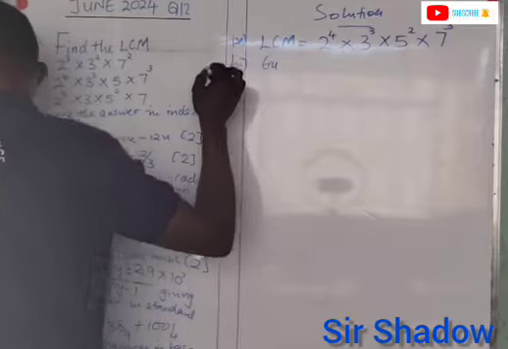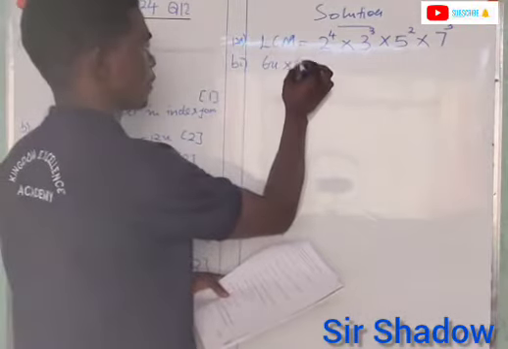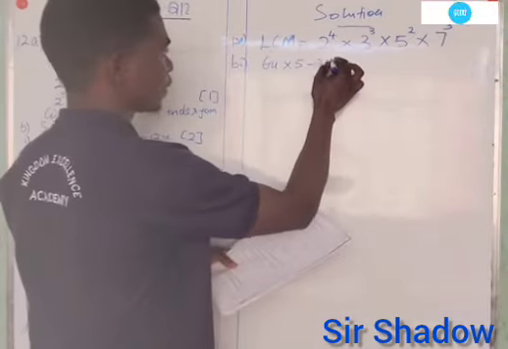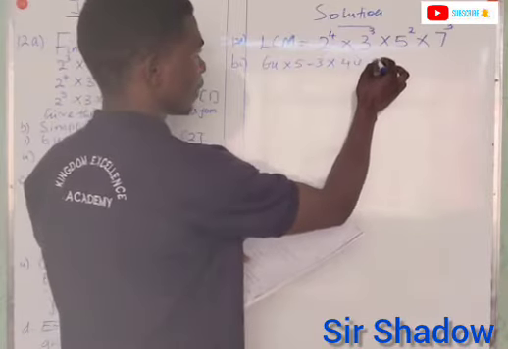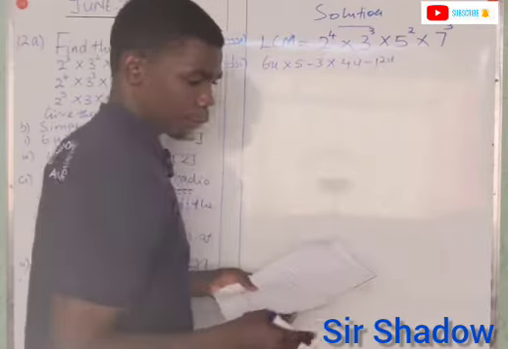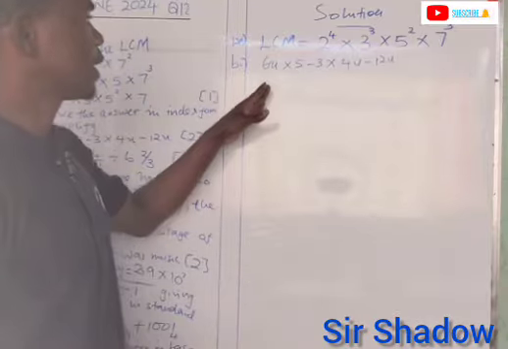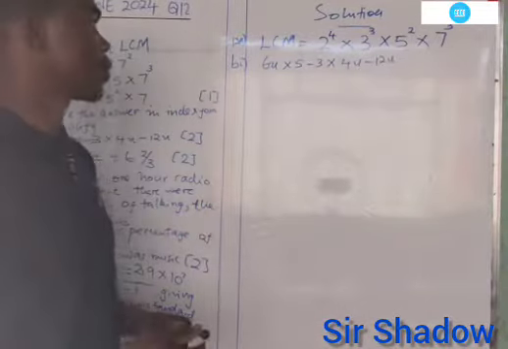We have 6u times 5 minus 3 times 4u minus 12u. We want to simplify this algebra.